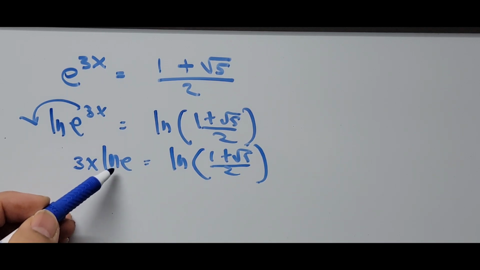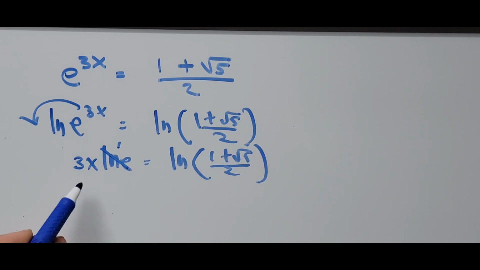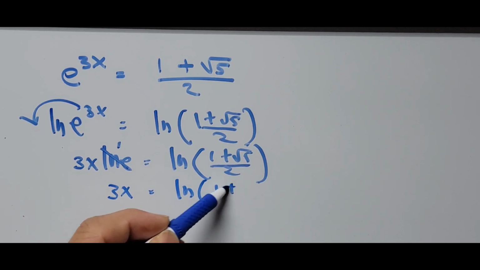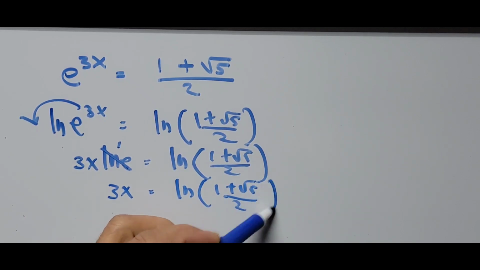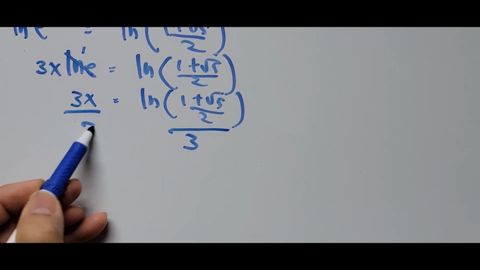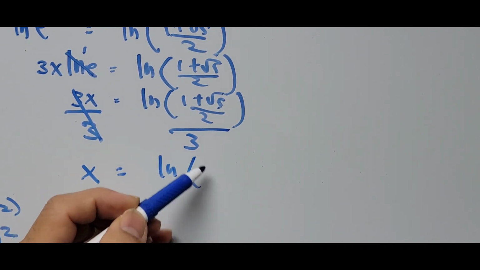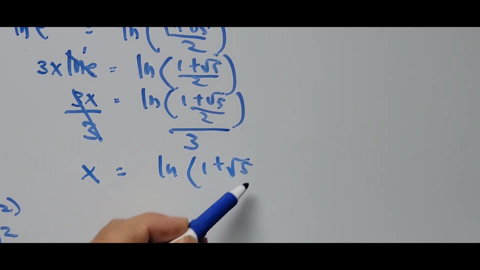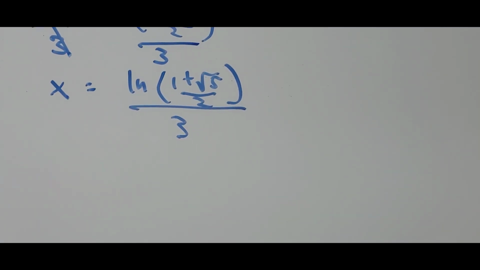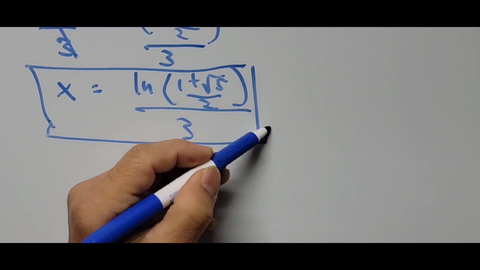And since ln of e becomes 1, the left side of the equation will be just 3x, equal to ln of 1 plus square root of 5 divided by 2. Divide the whole equation by 3. Alright, so we have x equal to ln of 1 plus square root of 5 divided by 2, all over 3. And so this is the exact value of x. So this is our final answer.